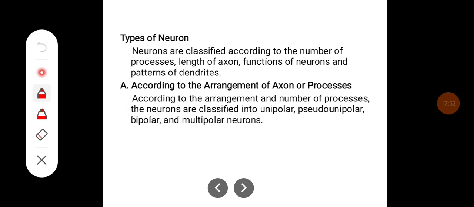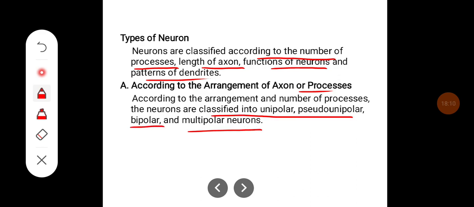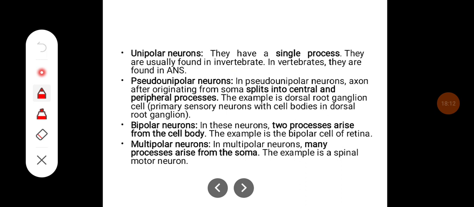There are different types of neurons, classified according to the number of processes, length of axon, functions of neurons, and patterns of dendrites. According to the number of processes, the neurons are classified into unipolar, pseudounipolar, bipolar, and multipolar neurons. The unipolar neurons have a single process, as they are usually found in the invertebrates. In vertebrates, they are found in the autonomic nervous system.